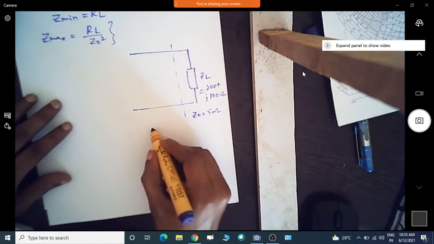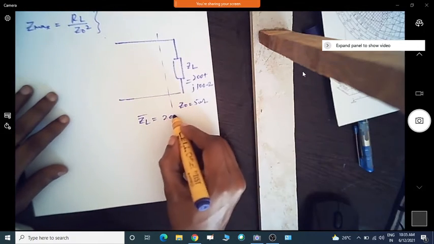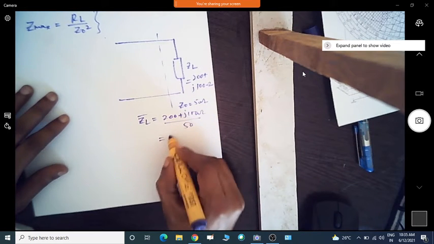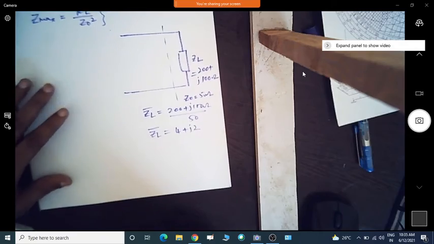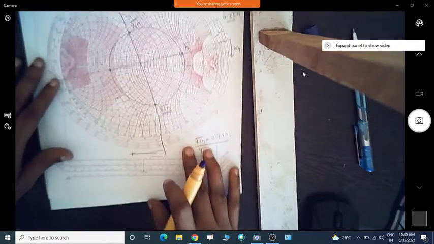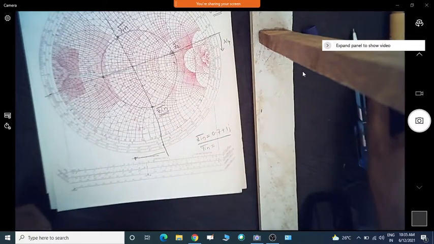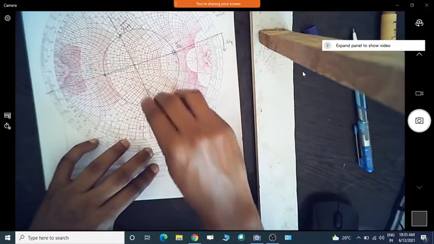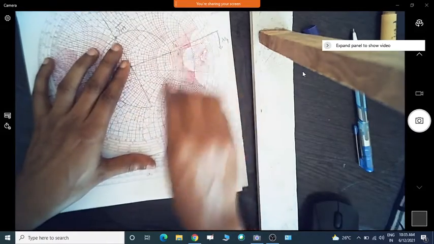First we need to find ZL bar, where we have 200 plus j100 ohm divided by 50, which is equal to 4 plus j2. Now we can find out ZL bar on the Smith chart.